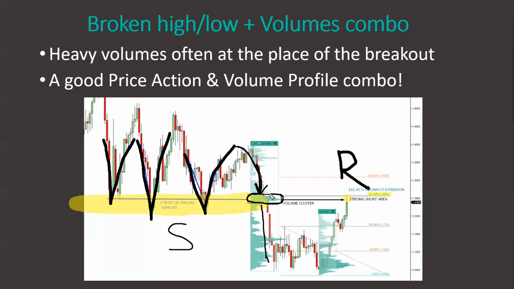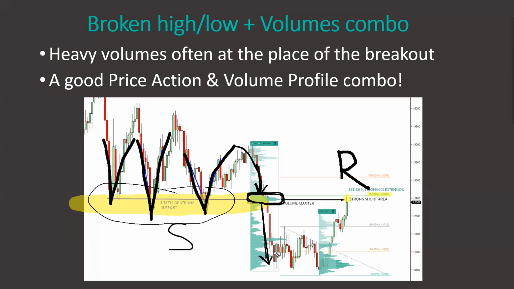What volume profile showed here? It showed massive volumes. Do you see how wide the volume profile is here? This is the place where sellers were fighting with buyers. It was a huge fight because this was a strong support. We see huge volumes here, confirming that there was a huge battle.